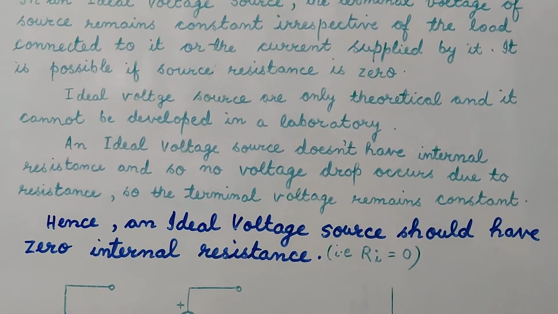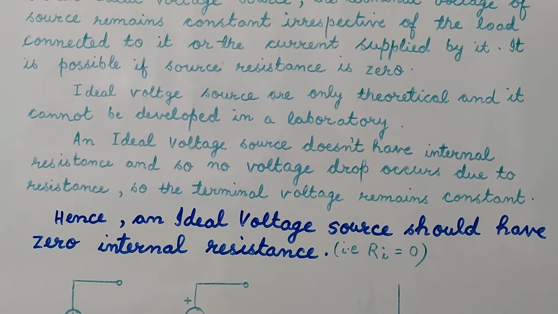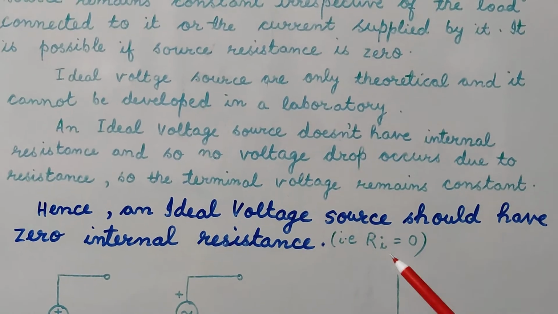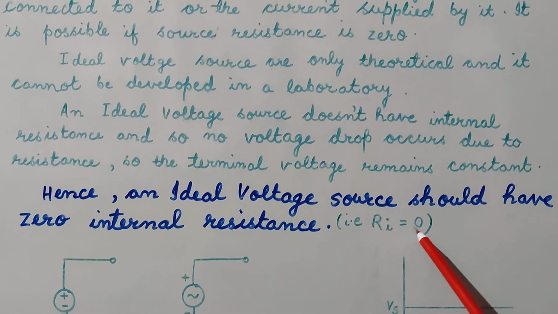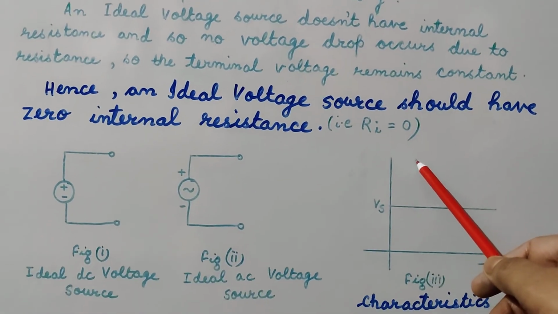Hence, an ideal voltage source is a source which has zero internal resistance. That is, the value of Ri will be equal to 0, where Ri is the internal resistance of the source.